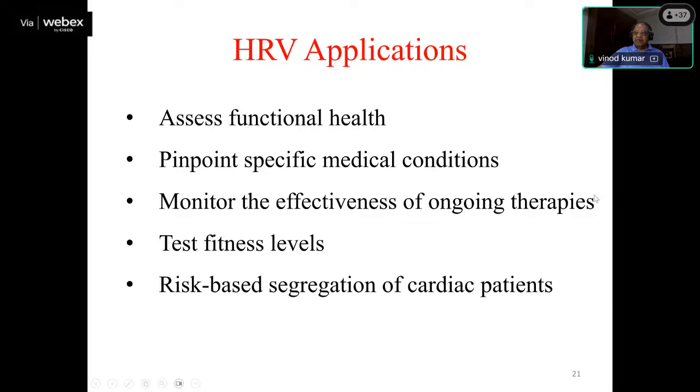When a person is given medicine, like sometimes doctors give medicine to the patient to reduce the stress, you can measure the heart rate variability and see whether that medicine's effect is there or not. Fitness level can be tested. Risk-based segregation of cardiac patients: you can divide them into various groups on the basis of HRV.